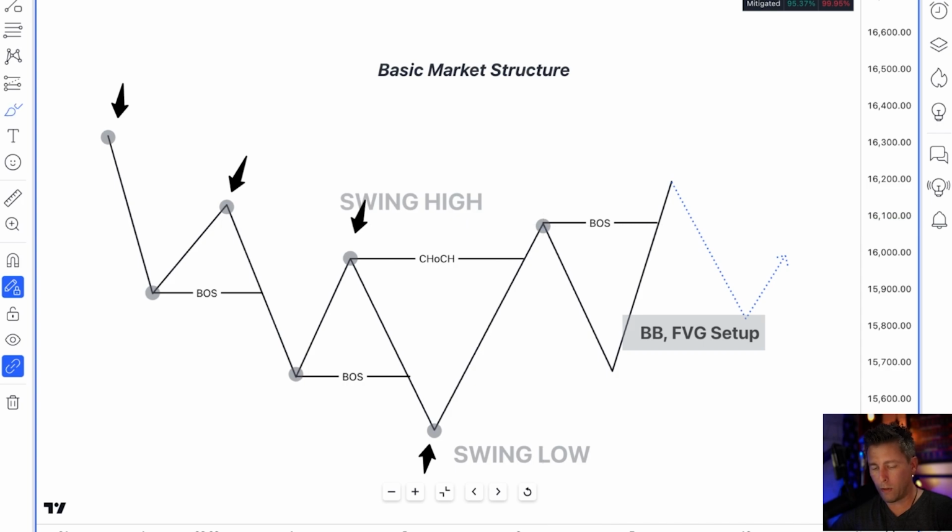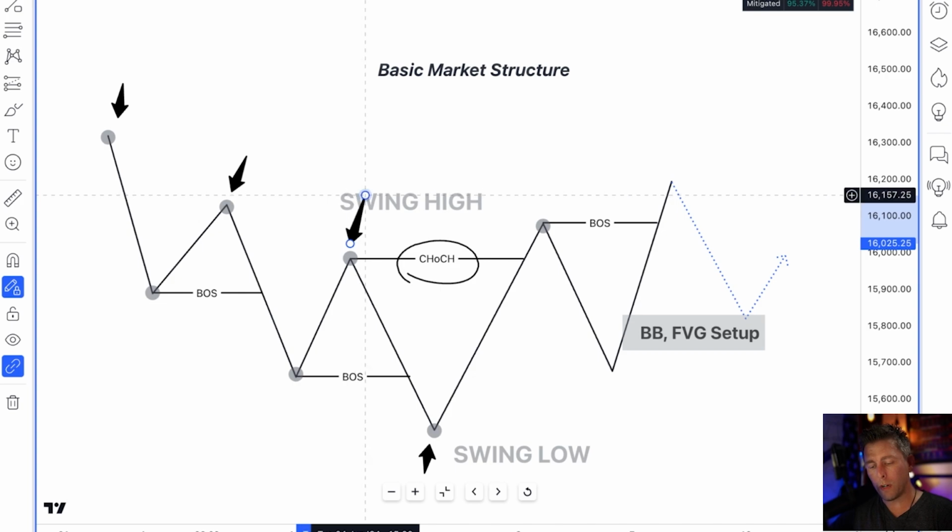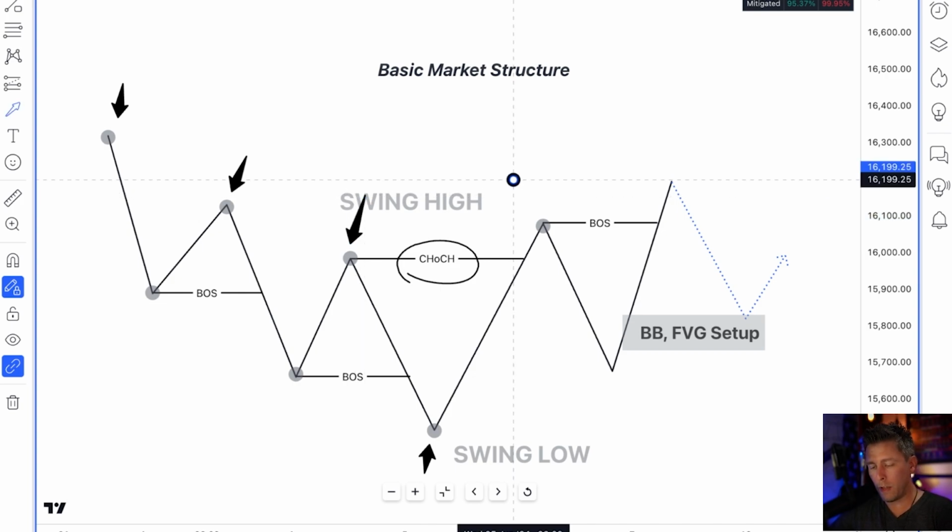So why is it called a change of character and not break of structure? Well, it is breaking structure, but it's also letting us know that this lower high right here is no longer respected. We're now going from a lower high to a higher high.